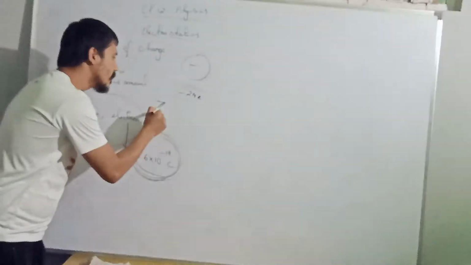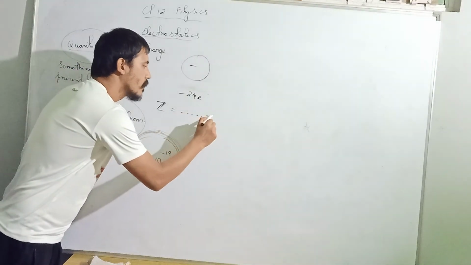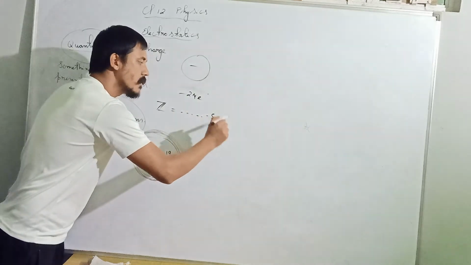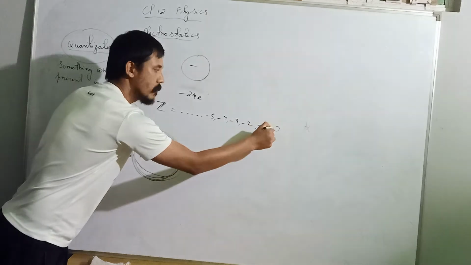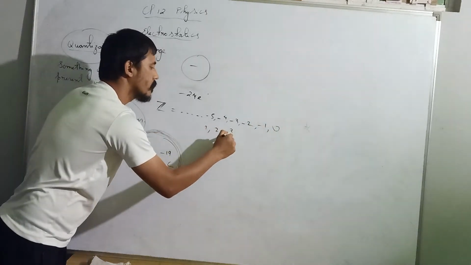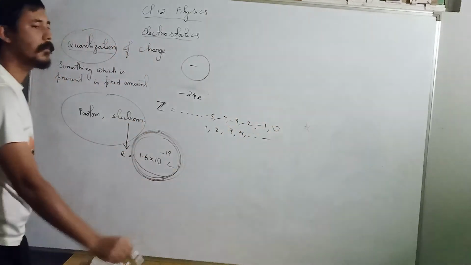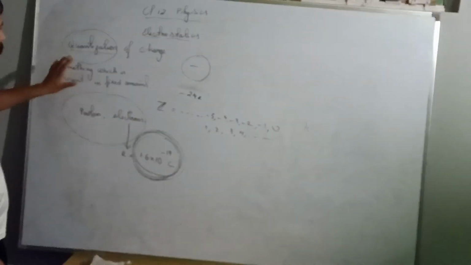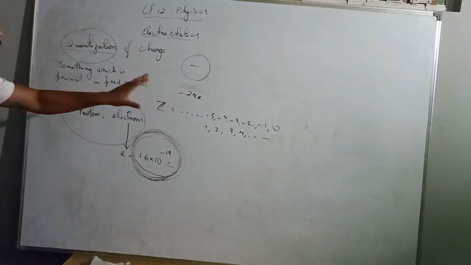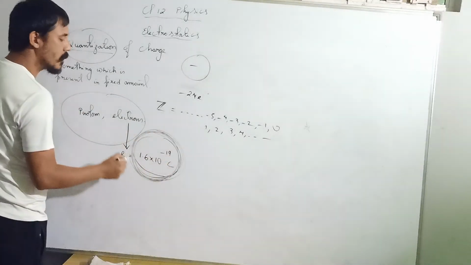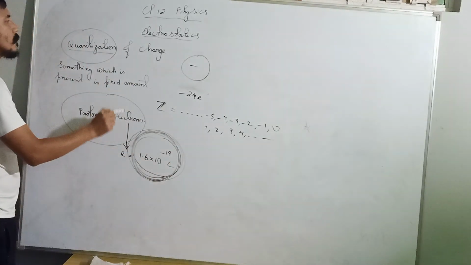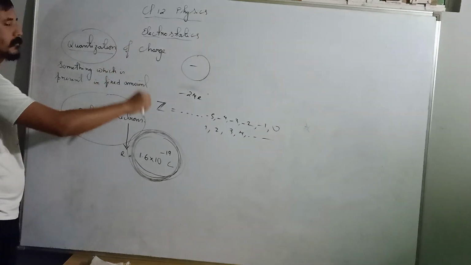And you know that integers go from minus infinity, and so on, minus 5, minus 4, minus 3, minus 2, minus 1, no charge, 1, 2, 3, 4, and so on up to positive infinity. So the charge of an object is always present in integer multiple of e, and that is known as quantization of charge.